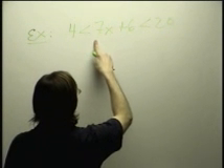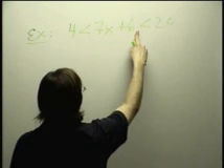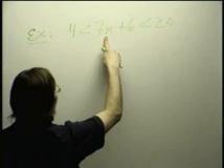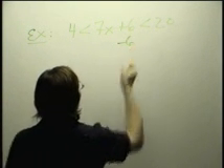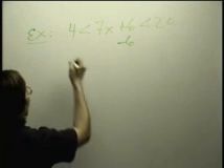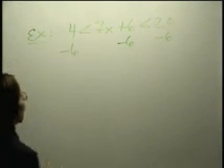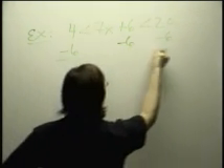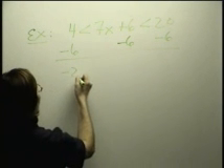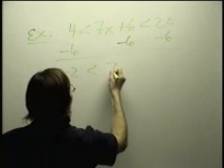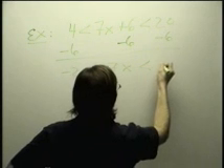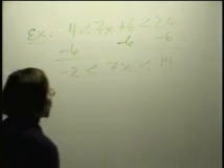So, I've got a 7x plus 6. I want to isolate x, so I have to subtract that 6 away. That means I'm going to subtract 6 from all 3 parts of the inequality. So I'll have -2 is less than 7x is less than 14.